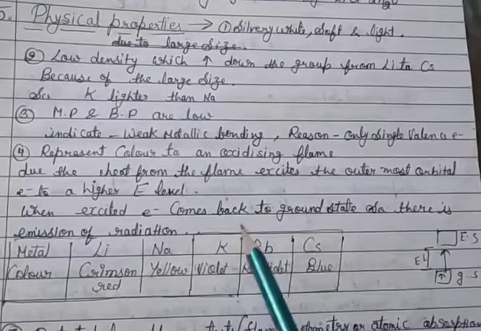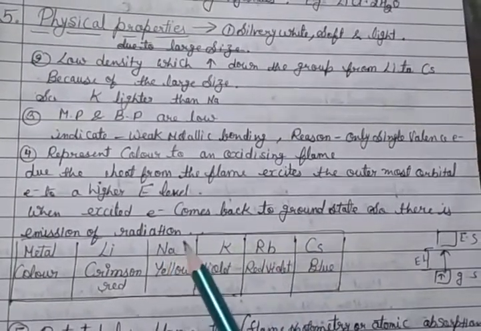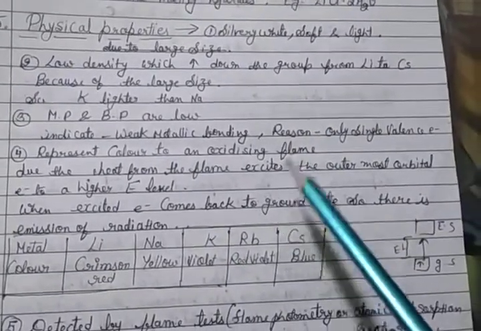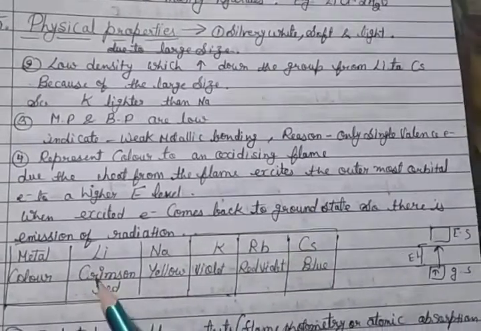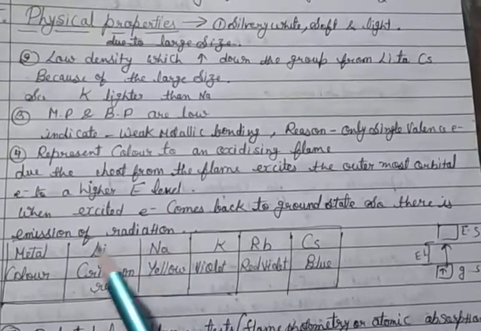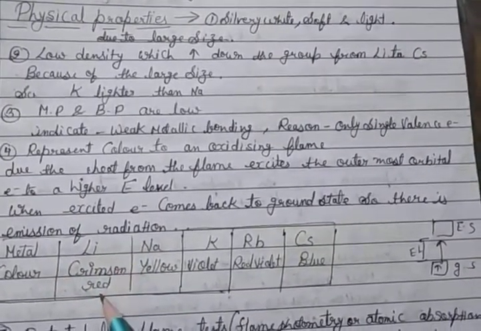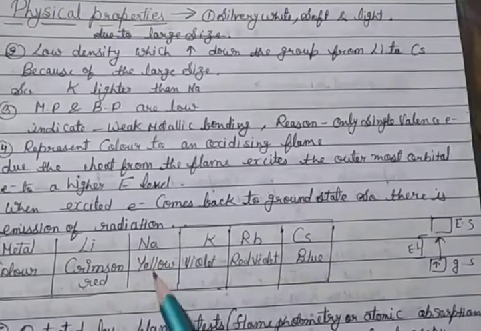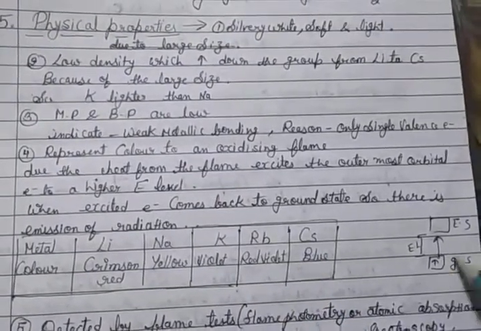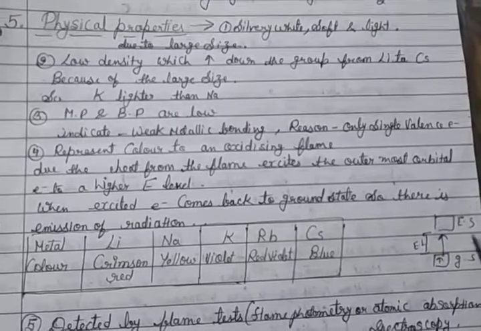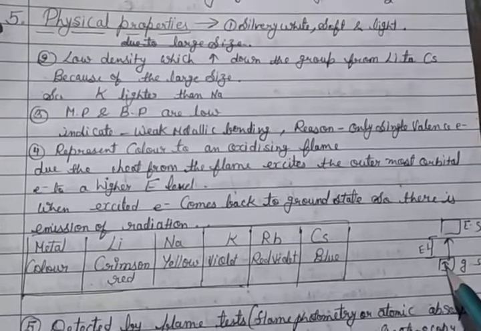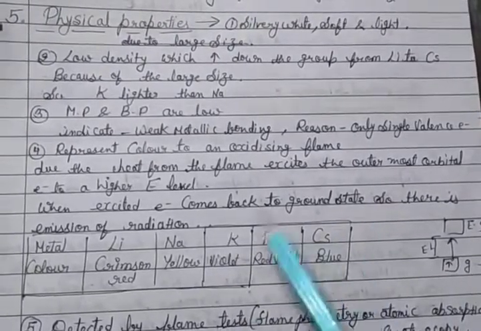When the excited electron comes back to the ground state, there is emission of radiation. Lithium gives crimson red, sodium yellow, potassium violet, rubidium red violet, and cesium blue. The radiation is seen as a color wave.